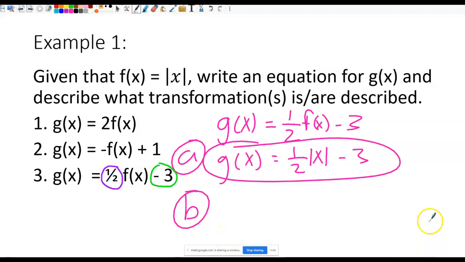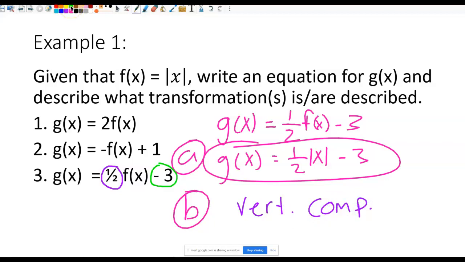Well, whenever you multiply by a number that is less than 1, or whose absolute value is less than 1, I should say, because we don't care about the sign. Remember, if this is ever negative, the negative means there's a reflection. So we don't take that into account when we look at the number itself. The absolute value of that number is less than 1, therefore that's a compression. That's a vertical compression.